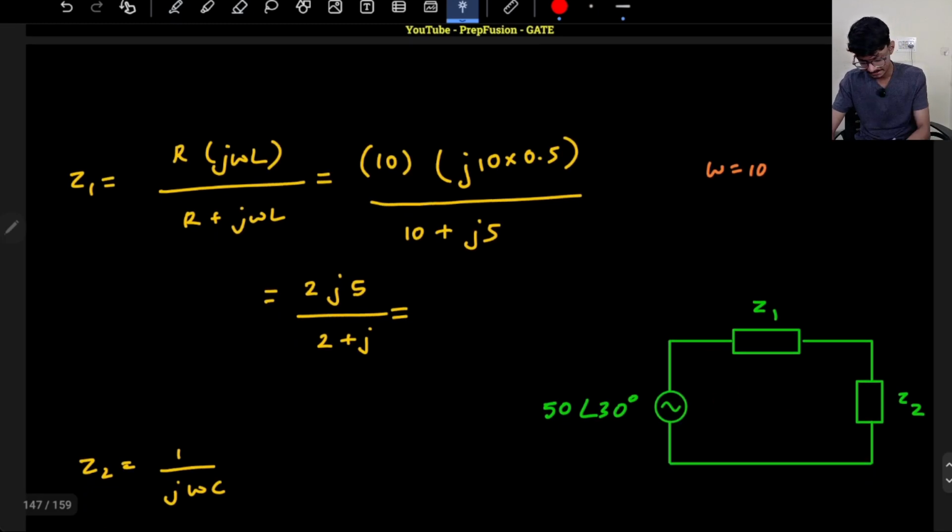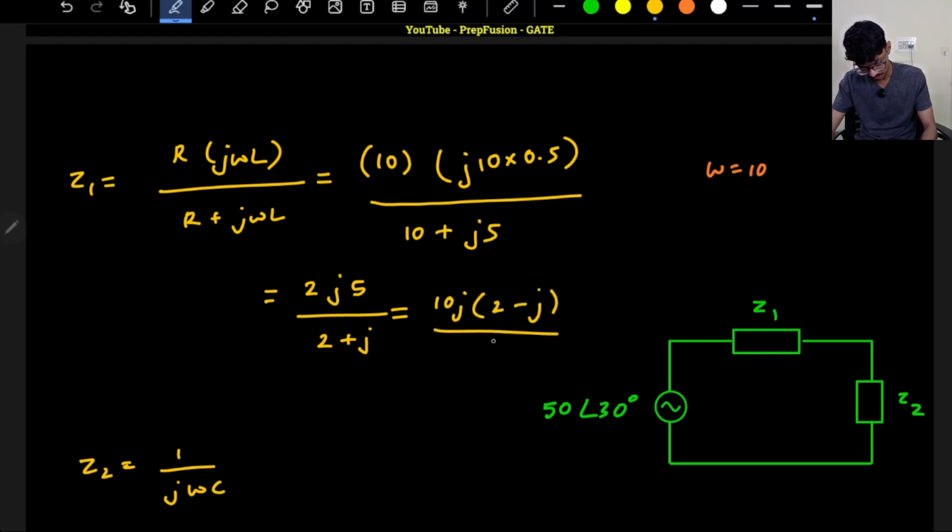I will not convert this to polar, I will keep it in rectangular. So I have just cross multiplied and rationalized. This will be 2j into 2 minus j over 2 squared plus 1 squared. So this comes out to be 2 plus j4.